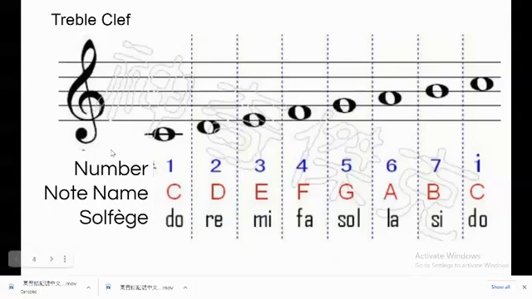Like that. Okay. And you'll notice that you have this C, which is one line below, and we call this middle C. And on this imaginary line over here, we call that the ledger. Okay.